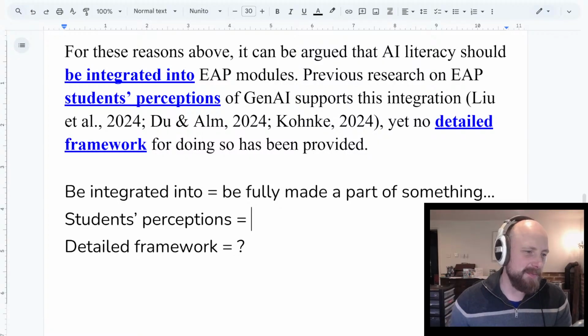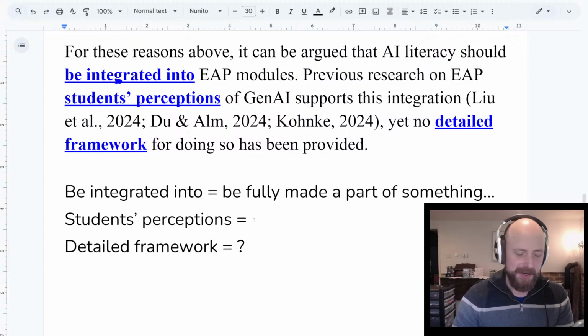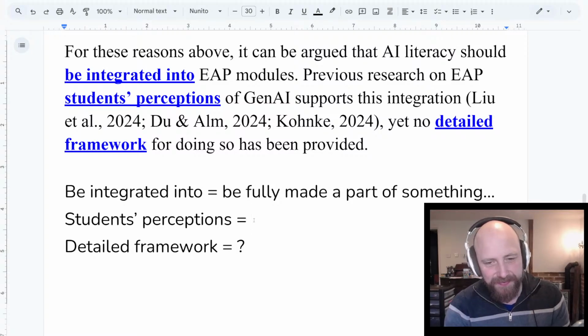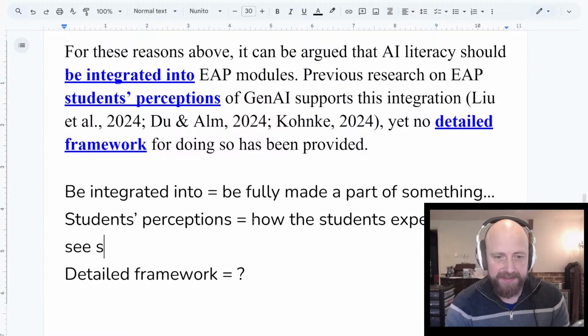Feeling or experience. Pachu, you're on fire today. That's quite close. So this is how the students experience or see something.